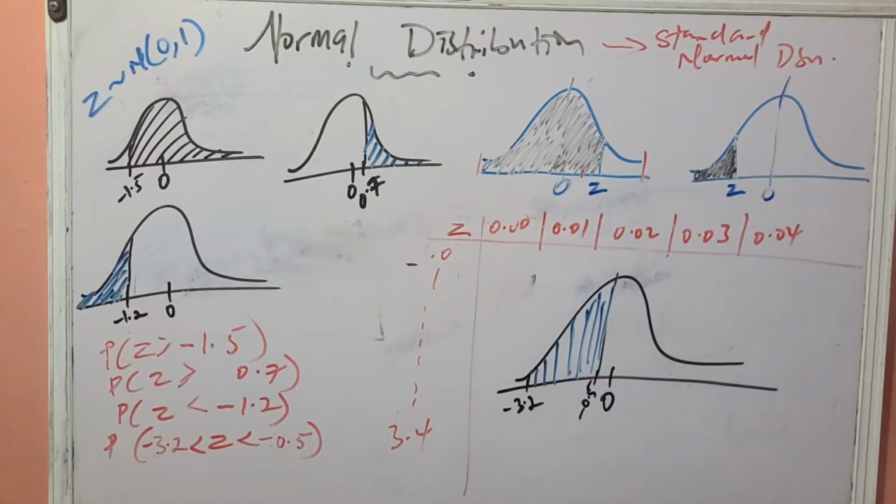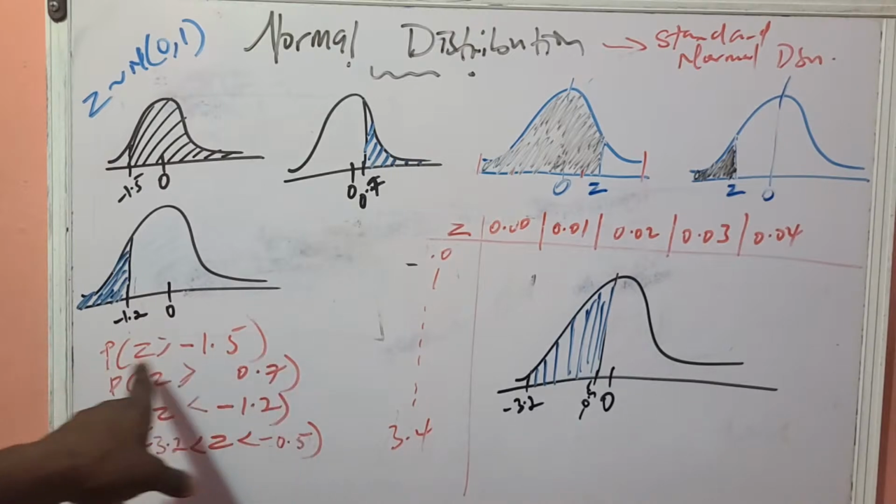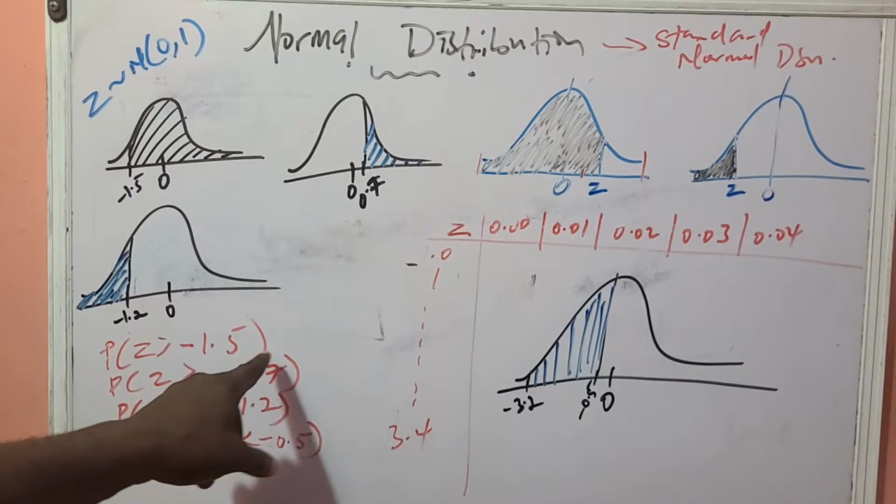That's how you just have to learn how to shade properly. It's very simple. There's no big deal about this. So this is one of the first skill sets you guys must have, because what you'll be doing using the normal distribution curve, the standard normal curve, the Z table, the Z curve, is you need to learn how to, first of all, identify the area of interest. So let's say you are done standardizing now and you got this value, Z greater than minus 1.5.